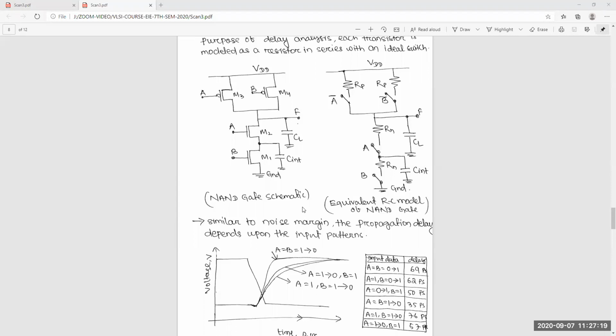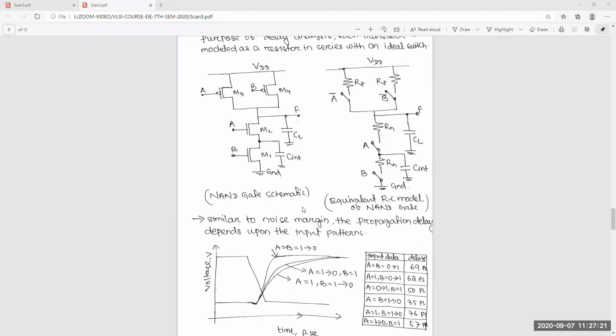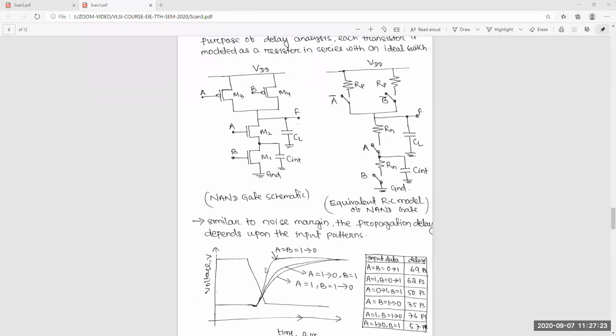Here again for propagation delay, you can calculate how the output behaves if the input goes from 1 to 0. If A is equal to B is equal to 1 to 0, both A and B going 1 to 0, what is the propagation delay?